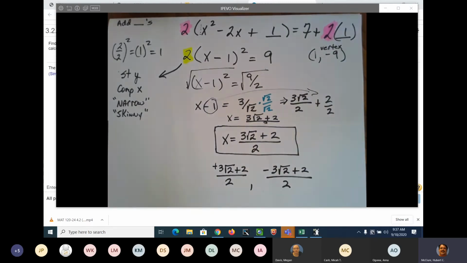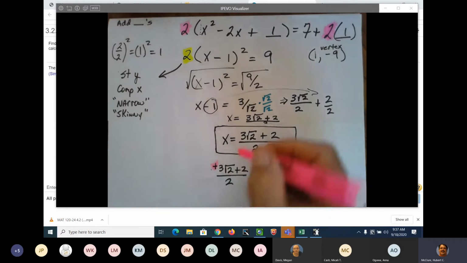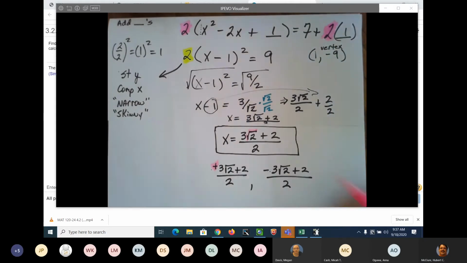Now that's the way they're going to want it, because each square root symbol has a positive or negative in front of it. And that's where this comes from. So remember, and this is a red highlighter, remember that with each radical, there's a positive and a negative in front of it.